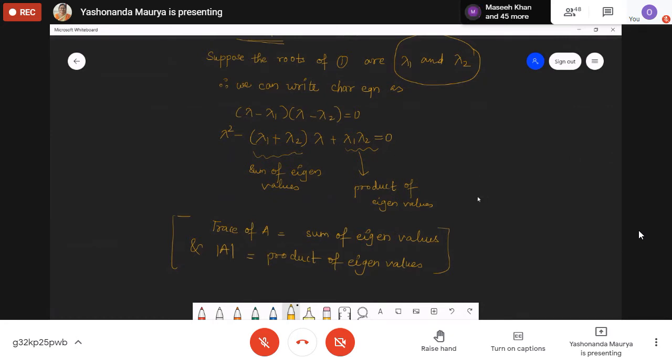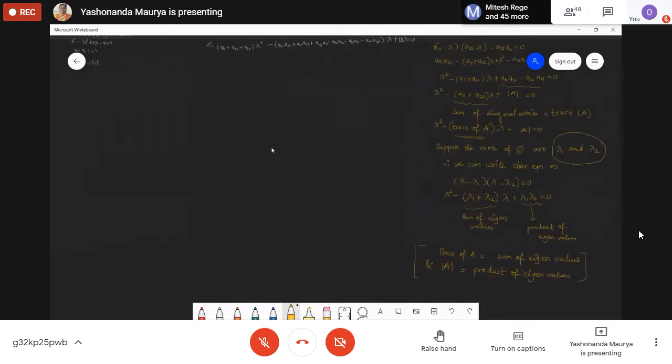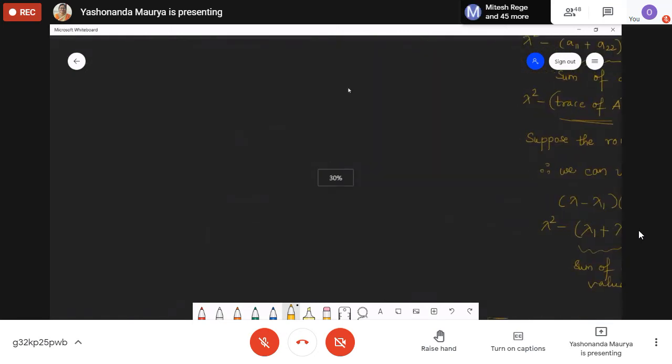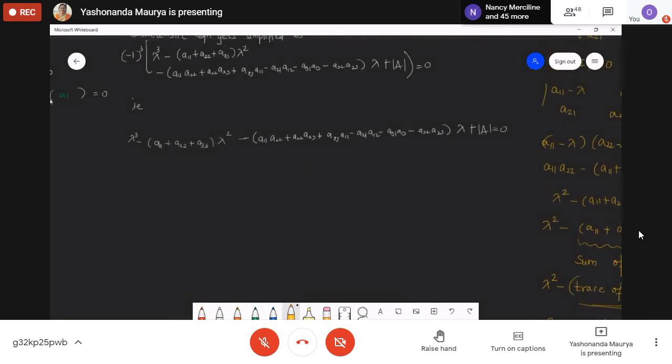And similarly, the idea can be extended over here. So when we have such an expression, this is the simplification of the characteristic equation that we have done for the 3 by 3 matrix. Now suppose we know the roots over here, suppose the roots are lambda 1, lambda 2 and lambda 3.